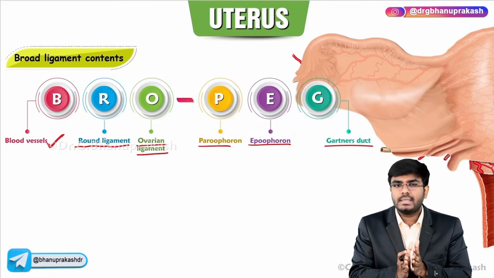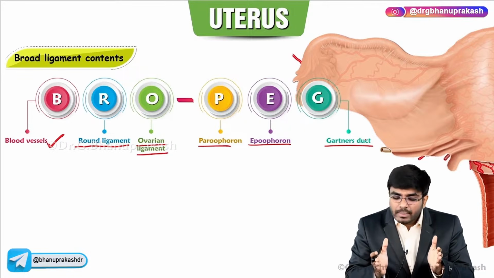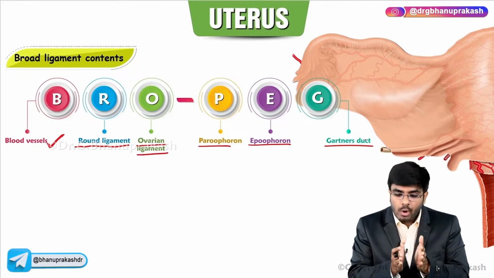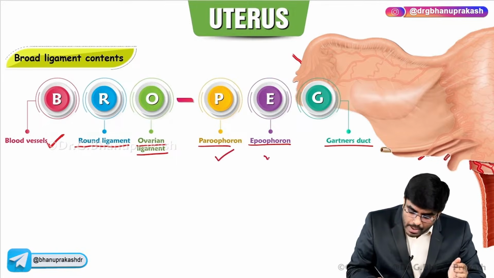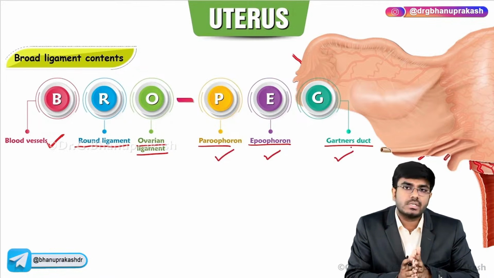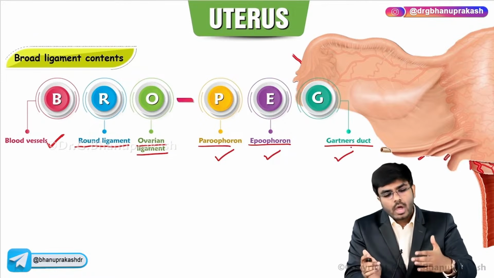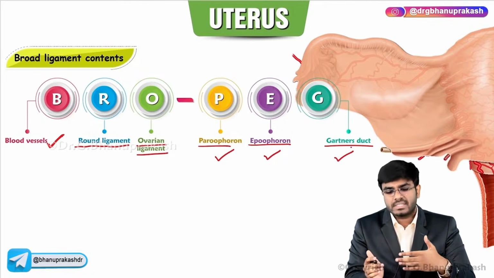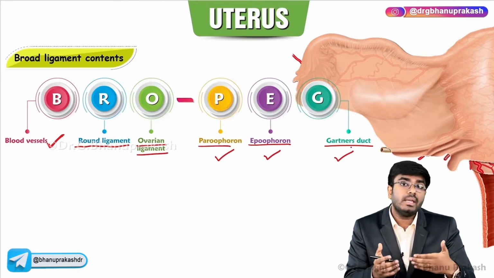This Wolffian duct becomes the paroophoron, epoophoron, and Gartner's duct, and these three vestigial structures are present inside the broad ligament. So they will ask you, all of the following are structures present inside the broad ligament except. That kind of question you might be asked.